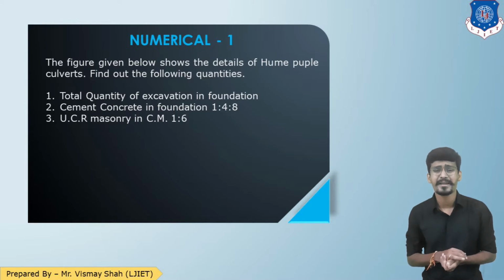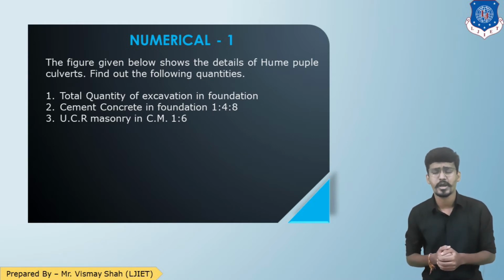Second, cement concrete flooring or cement concrete in foundation. And the third is UCR masonry. Now what do you mean by UCR? UCR stands for uncoursed rubble masonry. Alright, so we need to find out 3 quantities.